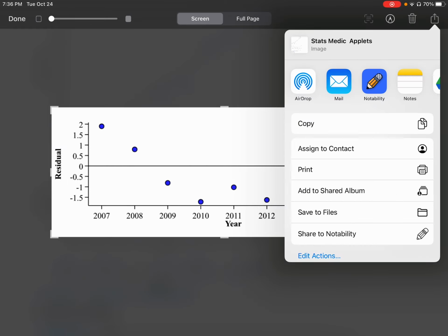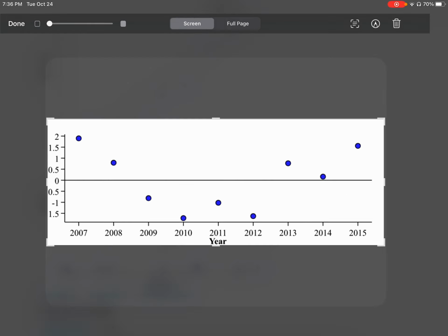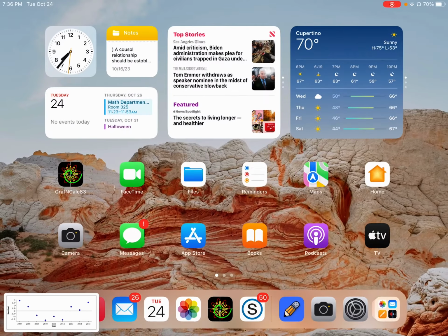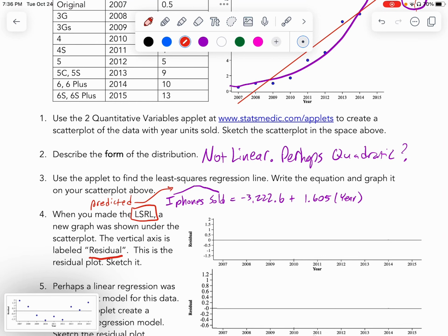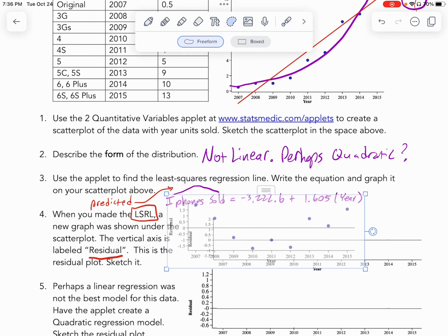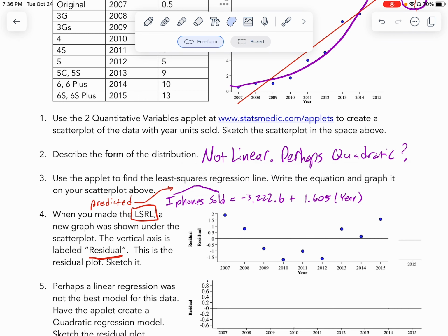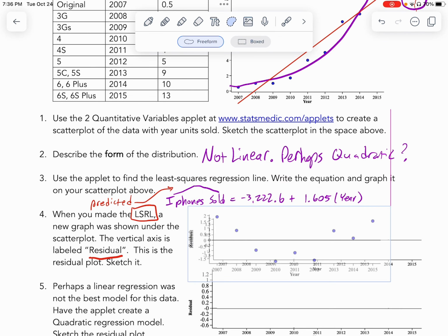I'm going to screenshot that one, put that in my notes right here. Okay, what this is, is a graph that shows me the residual for all 10 dots, or however many dots I've got. If I can stretch it out a little bit, maybe scooch it over.